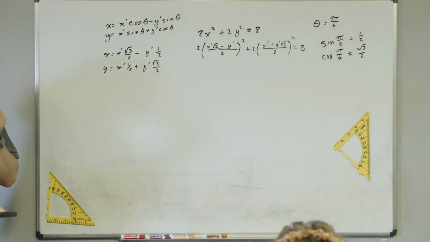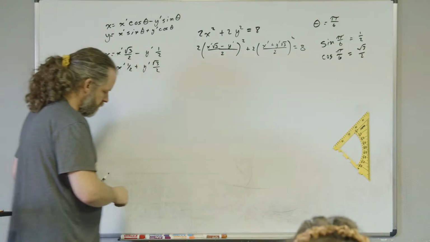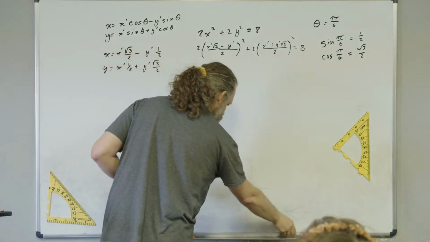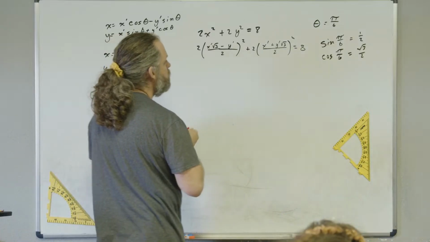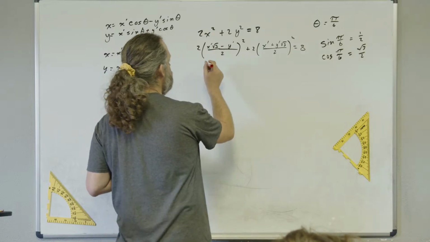I can see 2 things that we might want to do. You can divide everything by 2. I think that's a great idea. But actually, never mind, never mind.